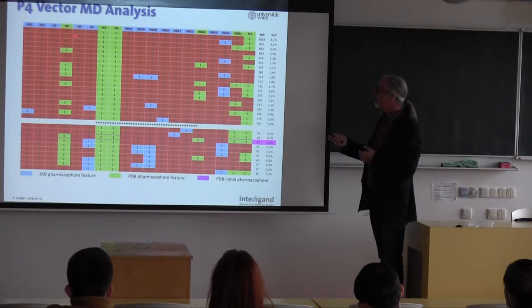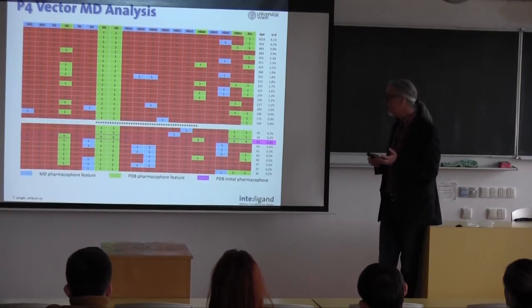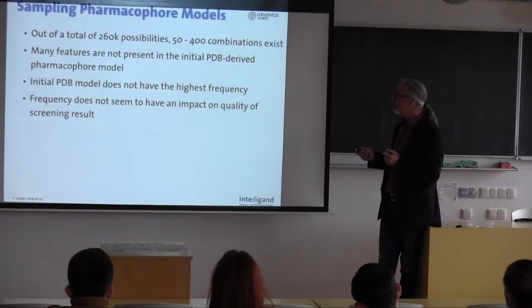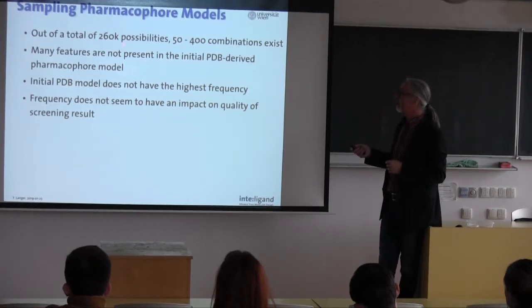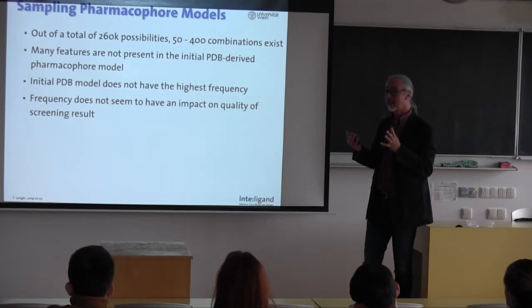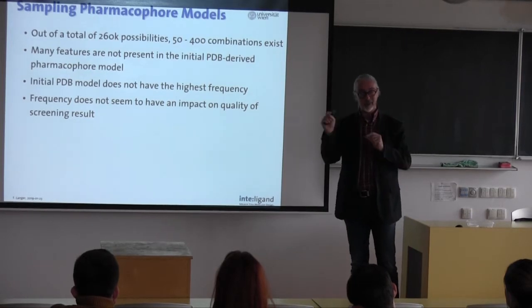Also, the highest frequency model does not necessarily be the one that gives the most information. So what we did is then we looked at all the possibilities. So in a typical case, out of these 40 proteins, we have something like 260,000 possibilities of potential combinations of pharmacophore features when you think about all potential combinations.